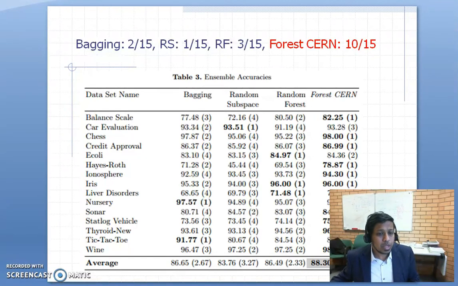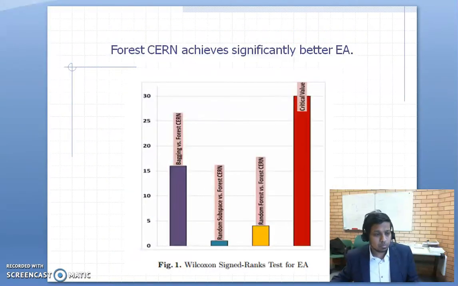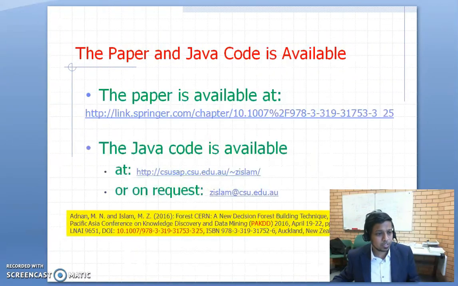Not only that, we also check its diversity and its individual accuracy. As I said before, this is what we try to achieve: high diversity and high accuracy. We see that Forest CERN gives the most diverse forest, and its accuracy is also very high. We also did some statistical analysis, and we find that the results are statistically significant.